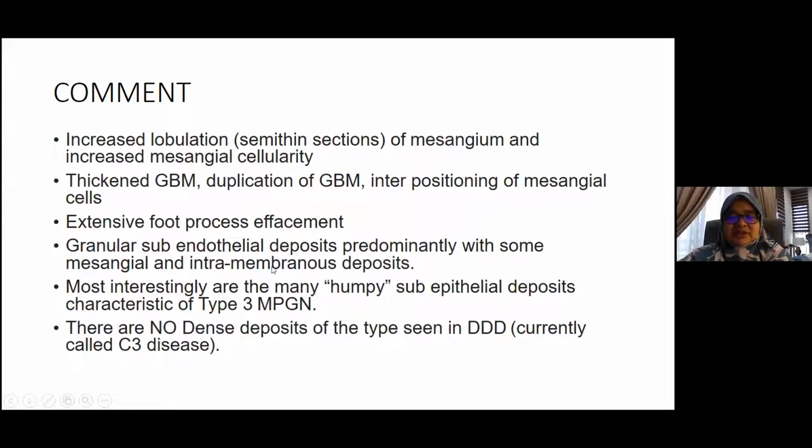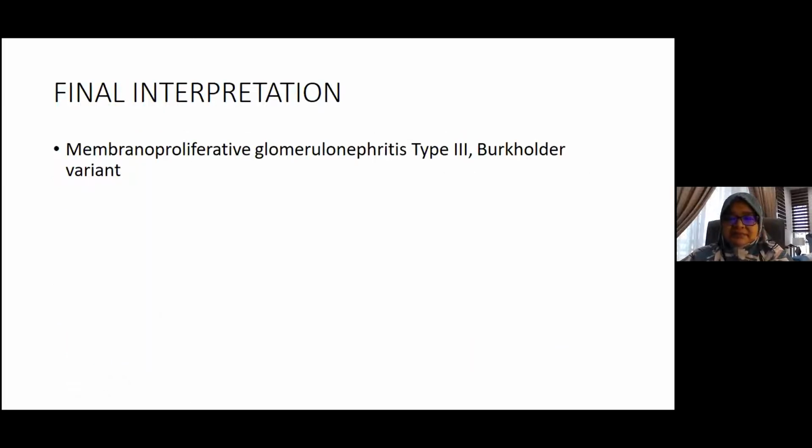I didn't show you in these sections the intramembranous deposits, but there are some, as well as, which I showed you earlier, the humpy subepithelial deposits characteristic of this condition, which we used to call type 3 membranoproliferative glomerulonephritis. Otherwise, there are no dense deposits of the dense deposit disease type that we can see in this case.